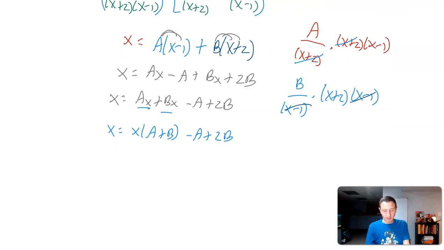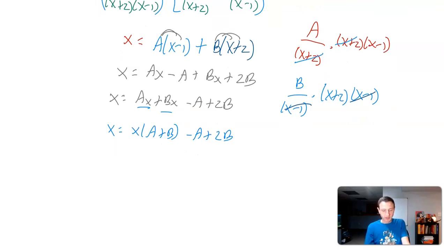So what I want to do now is set up a system of equations. That system is going to be A plus B is equal to 1. The reason it's equal to 1 is because this variable here, x, has a coefficient of 1. If that was a 2x, it'd equal 2, or 3x, it'd equal 3. So I have the term (A plus B) x, that's why I took out the x, and that's going to be equal to this coefficient of 1.